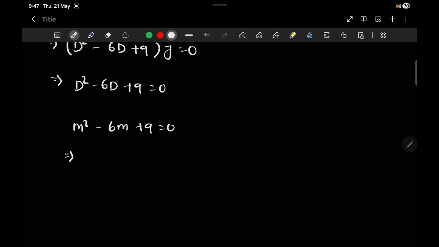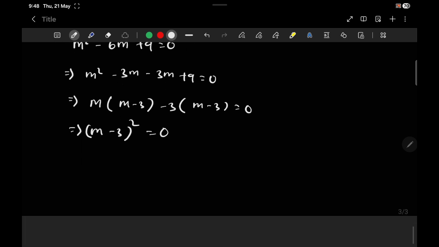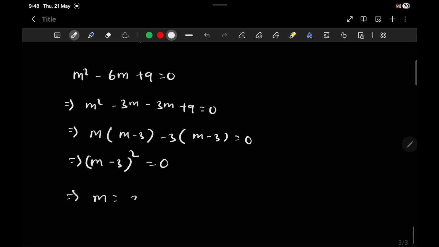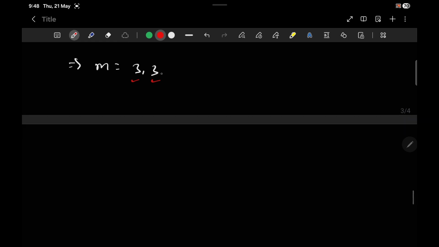And to solve this, we will go m² - 3m - 3m + 9 = 0. So m(m - 3) - 3(m - 3), that is (m - 3)² = 0. That implies m = 3 and 3. So we have two roots, those are real but repeated.